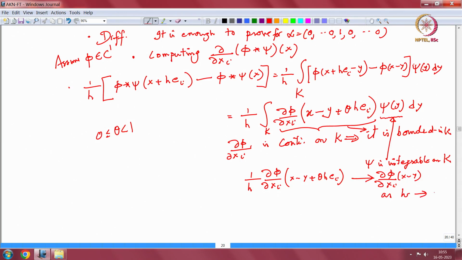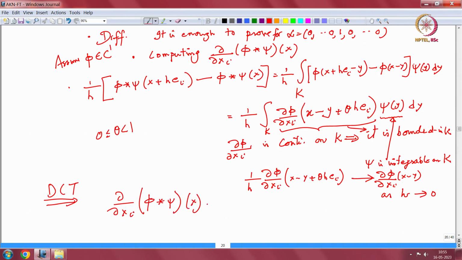You see, so you have every setup of the dominated convergence theorem. So, you have the pointwise convergence together with the L1 bound, okay. So, this implies the dominated convergence theorem. What is the left-hand side? Right-hand side passes to the limit and on the left side the limit exists, and you get d by dxi of phi star of psi at x.